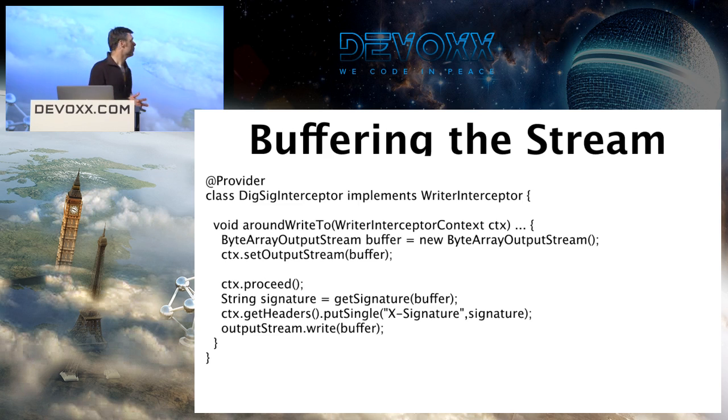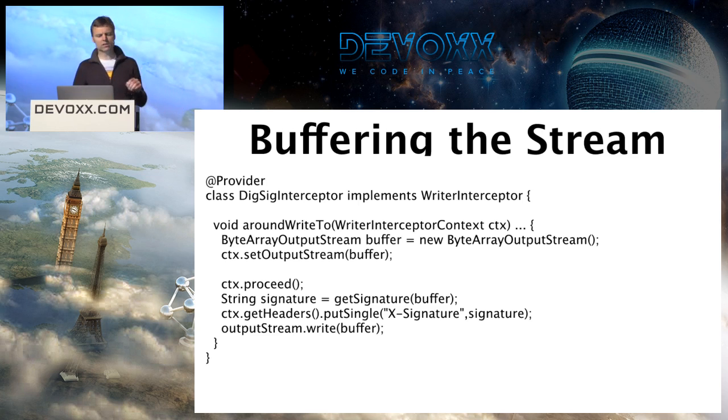Here's one more example of what you can do with interceptors. This is a digital signature example where you take the whole stream and buffer it, so you block it. When you have buffered it, you calculate a signature value on it, put that signature value into the HTTP headers, and then send the whole thing to the client.